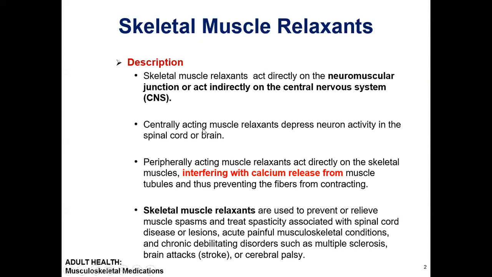Centrally acting muscle relaxants depress the neuron activity in the spinal cord or brain. Peripherally acting muscle relaxants act directly on skeletal muscle, interfering with calcium release from the muscle tubules and thus preventing the fiber from contracting.